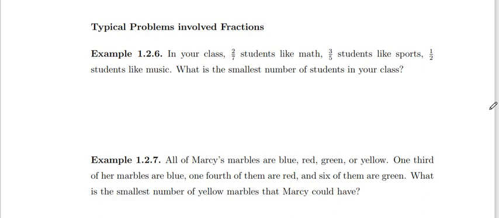So for those who like math, your total number should be divisible by 7. So total number should be 7 times some integer, 7k. It can be 7, 14, 21, but cannot be 10, right?